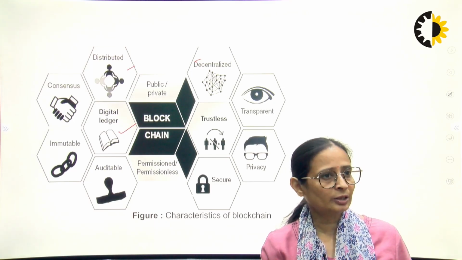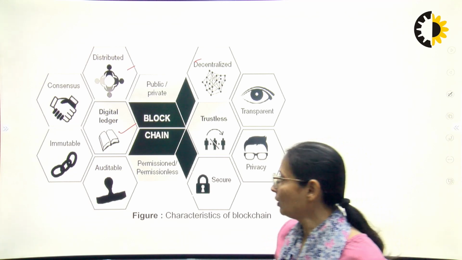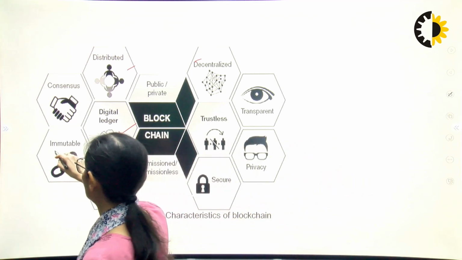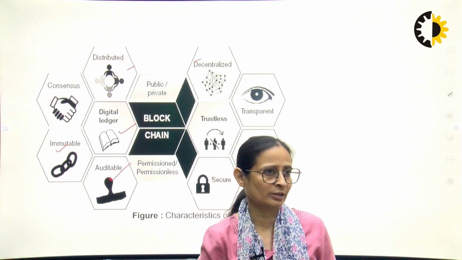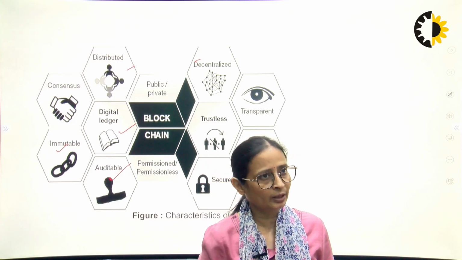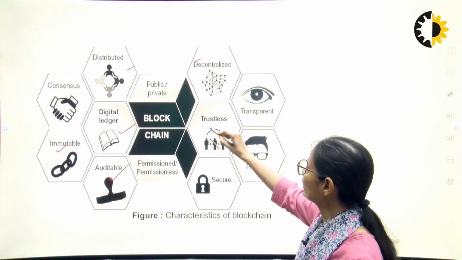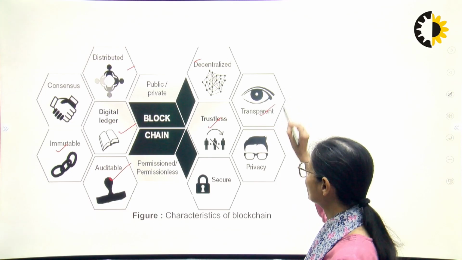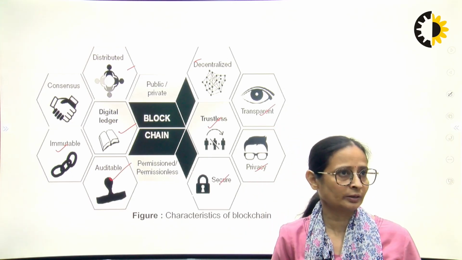When we say digital ledger, this digital ledger is auditable in nature, it is immutable. That is, once you have added the content to this ledger, you cannot update it. This ledger provides a trustless environment, it is transparent, and it maintains privacy and security.